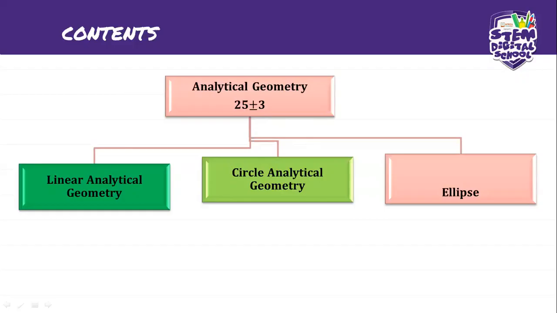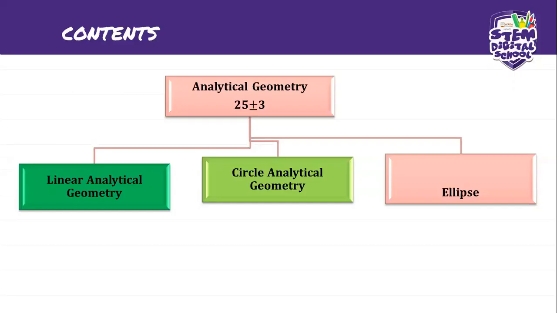So it's a topic that you'll find in paper 2 for technical mathematics. It's a very important topic that you should revise thoroughly before you go and write your trial exam or your final examination.